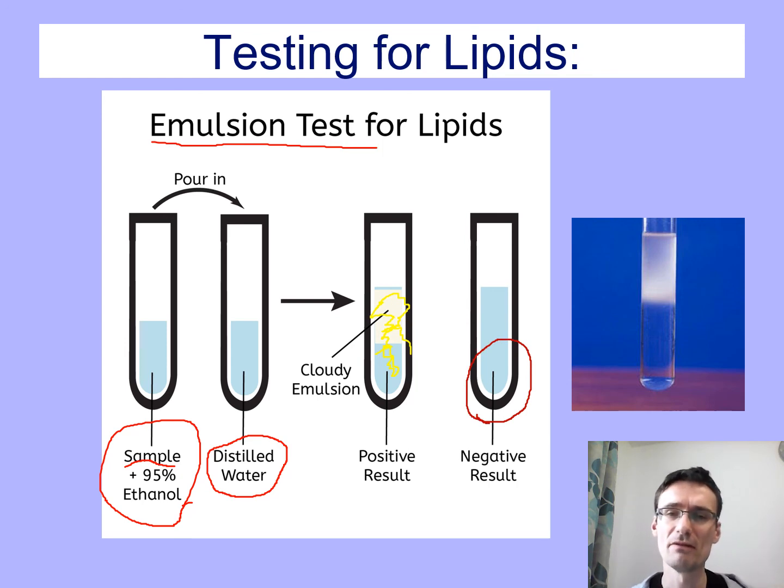Normally, because lipids, don't forget, are less dense than water, they will also float at the top of the solution as well. So you can see two methods in one test. It's got to be a lipid because it's less dense than water, so it's floating on the water, and it is insoluble in water. So when you put in the alcohol, originally it dissolves, and then you put the water in, and that causes it to come out of the solution as a precipitate.